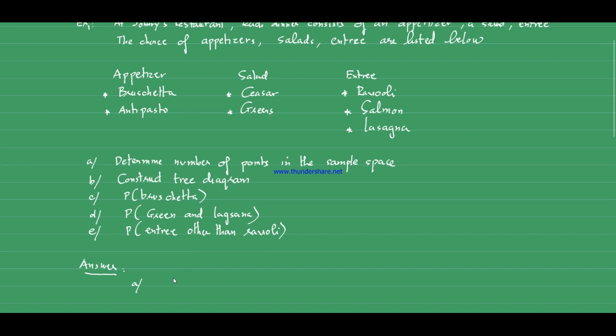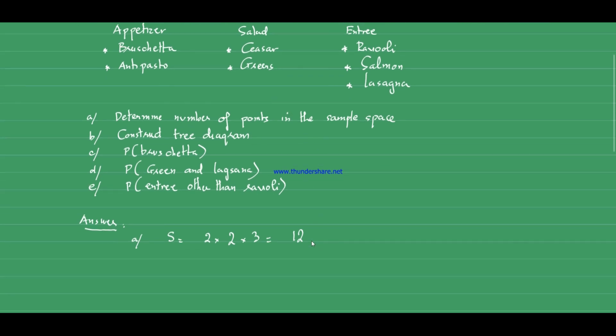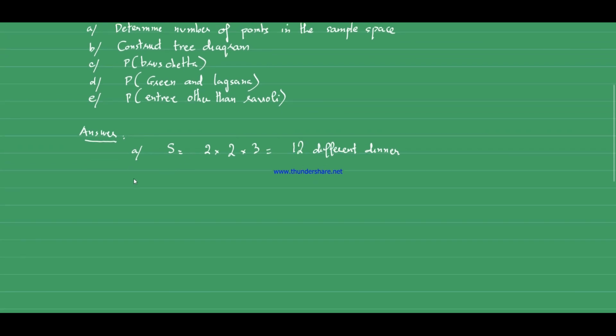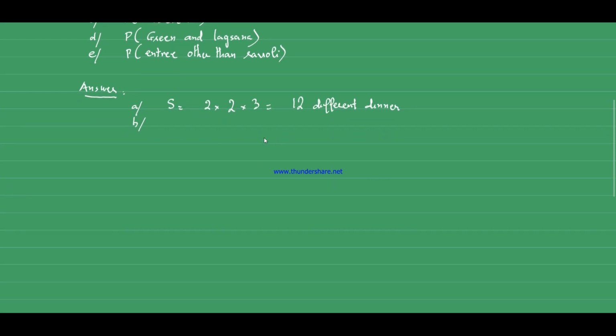We have two types of appetizer, so applying the counting principle, we have 2 times 2 for salad times 3, so in total we have 12 different dinners we can choose.